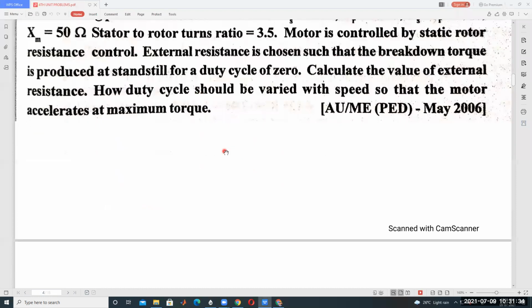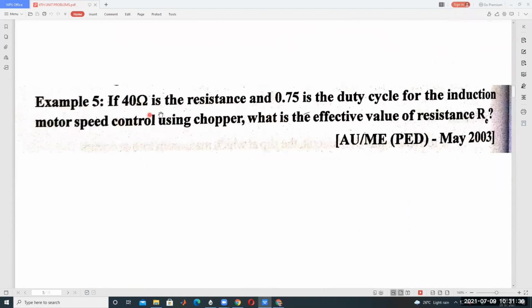If 40 ohms is the resistance, R equal to 40 ohm, and 0.75 is the duty cycle, understood? This problem is based on the static rotor resistance control method, the chopper control method for induction motor speed.